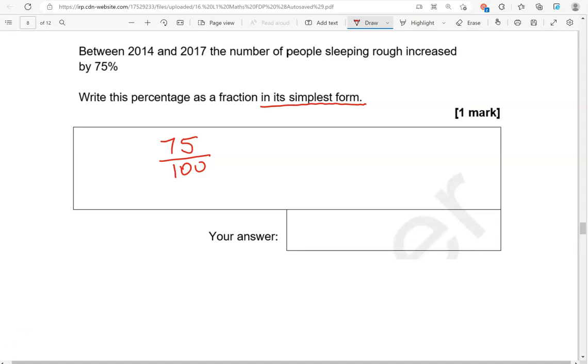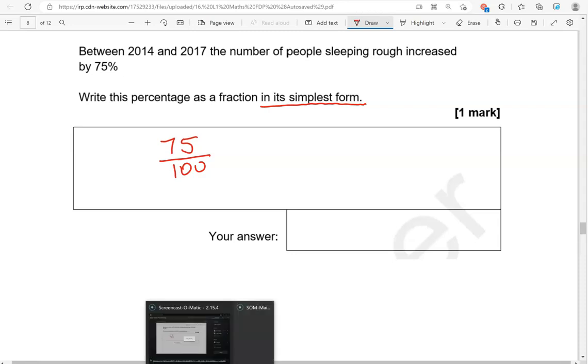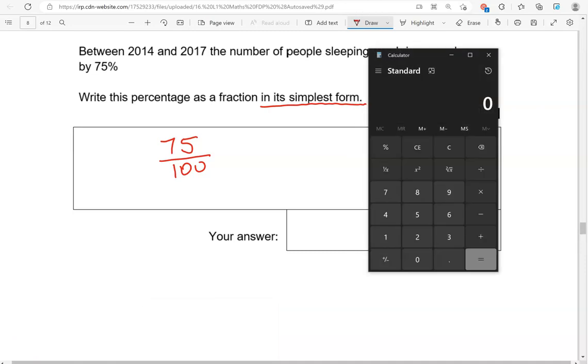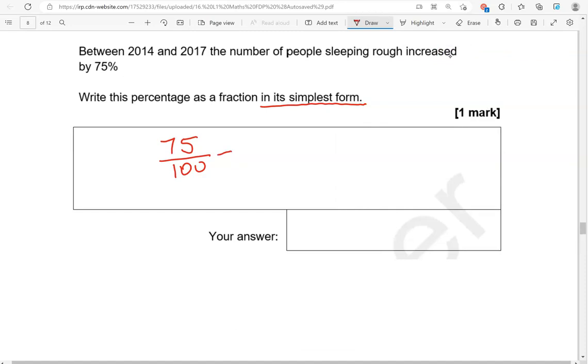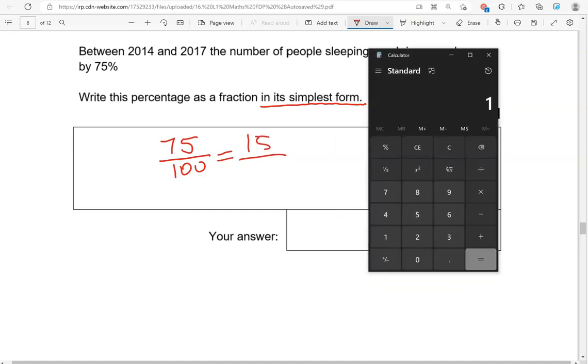Otherwise, if you look at 75 and 100, they end in 5 or 0, which suggests that we can divide both numbers by 5. So dividing 75 by 5 gives us 15. Dividing 100 by 5 gives us 20.